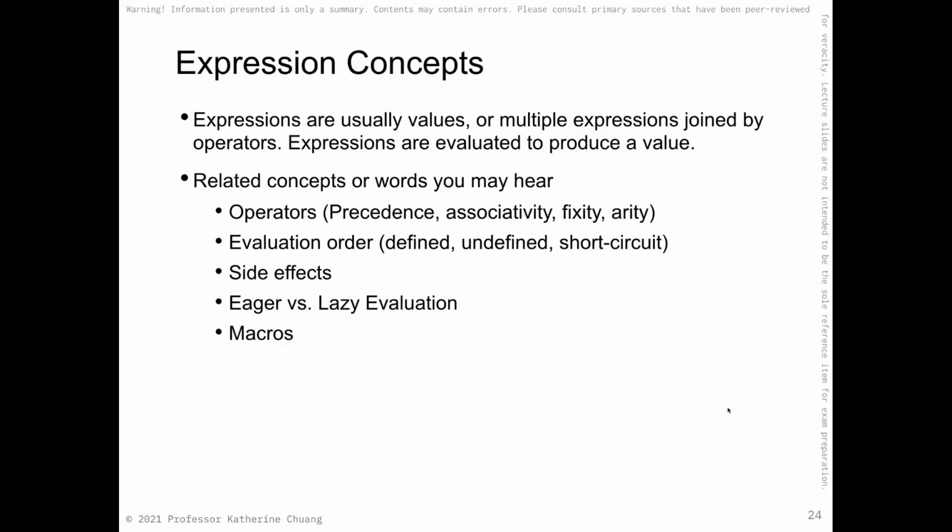When it comes to expressions and working with them, you want to think through, is there a precedence to the operators? Does the parsing algorithm care about the precedence of operators, the associativity, and so on, the evaluation order, side effects, eager versus lazy evaluation, and so on.